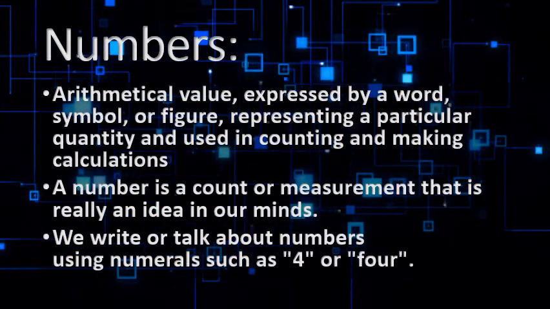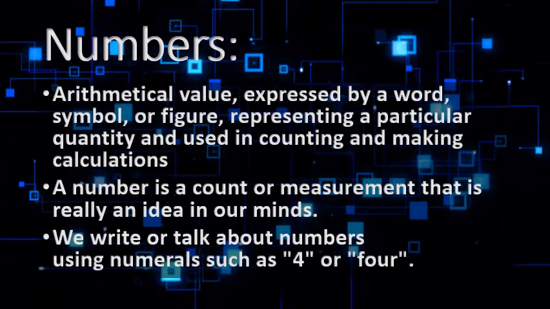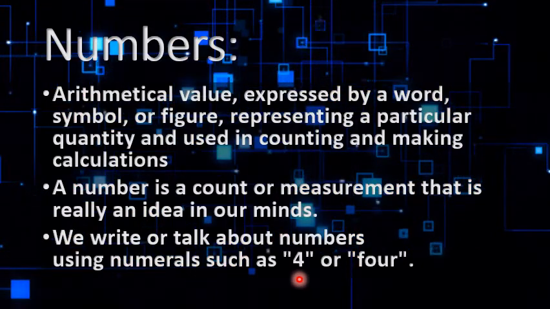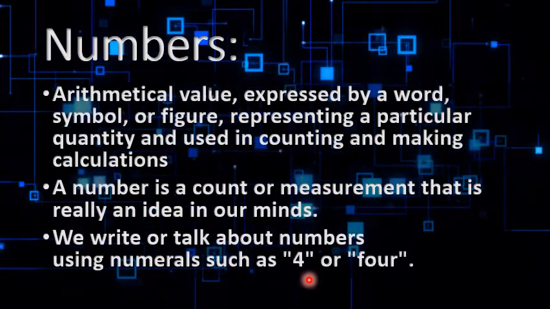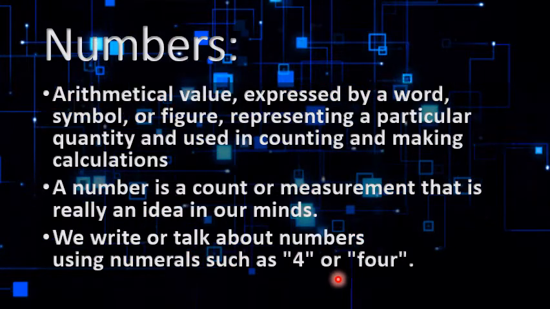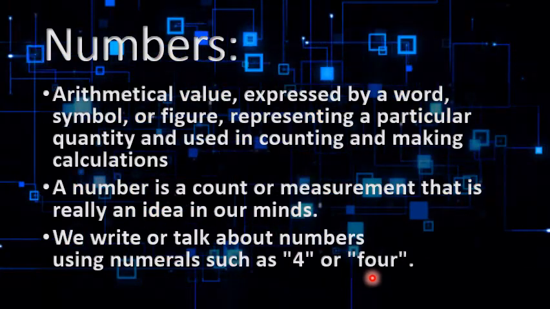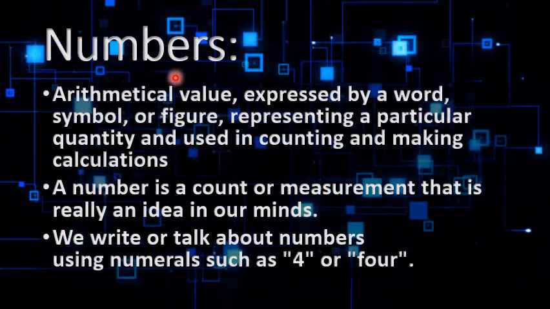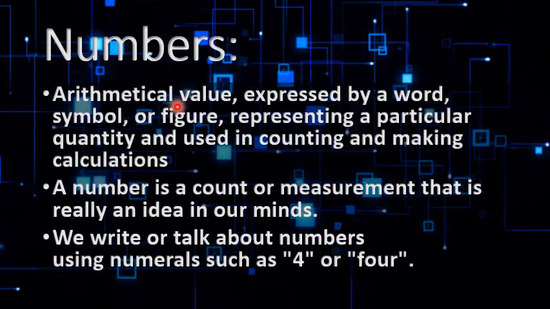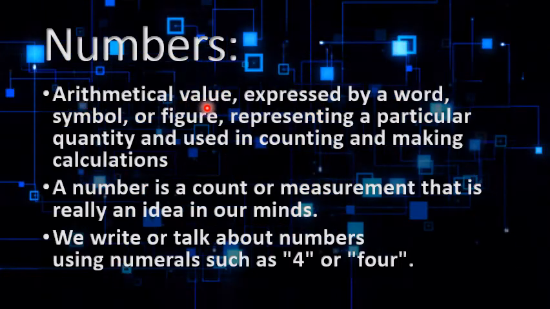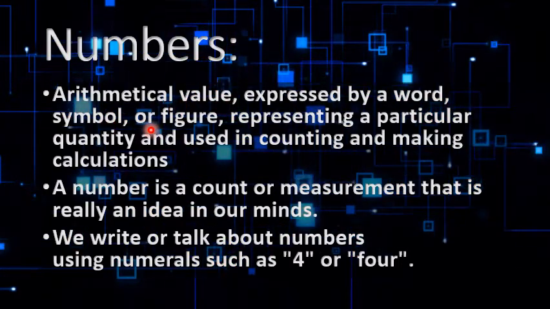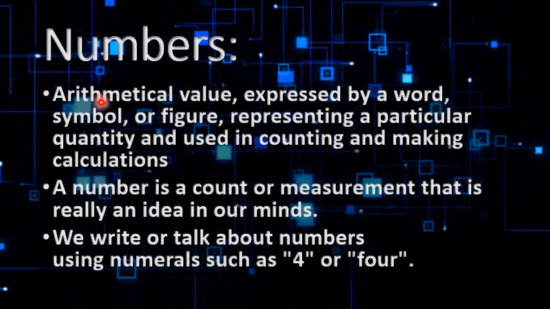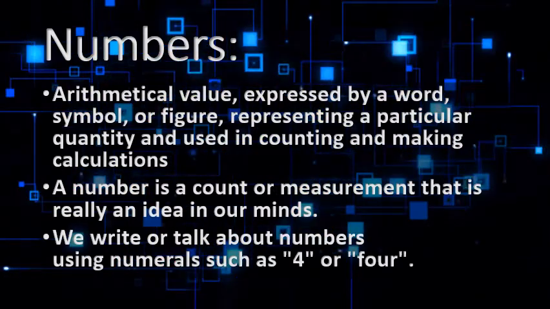We write or talk about numbers using numerals such as 4 or four. Here you can see that we can write it in digit and we can write it by a word. Okay, so numbers are not only the digits but numbers are the arithmetical values that can be expressed by a word, symbol, figure. Okay, so let's see what we are going to learn further in this chapter.